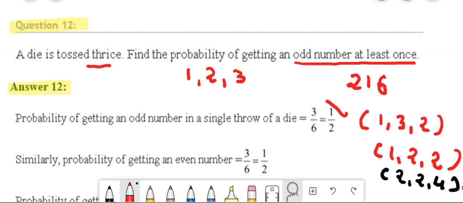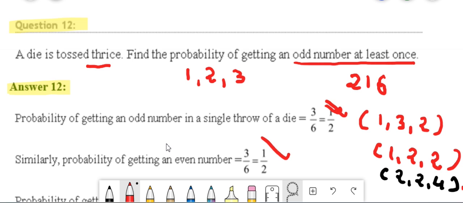Similarly, the probability of getting an even number is also 1 upon 2 if you notice. Because when you throw a die, total there will be 6 outcomes. Now in the 6 outcomes, 3 are even, 3 are odd. I am talking about throwing a die once only, remember.